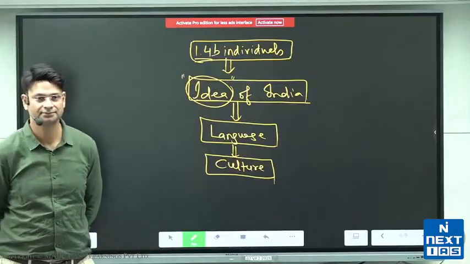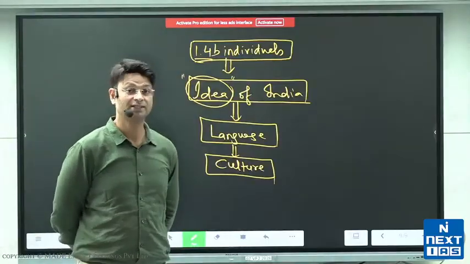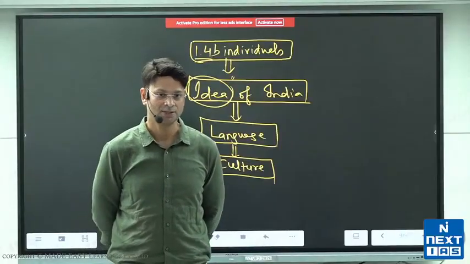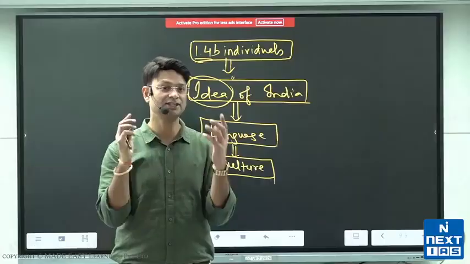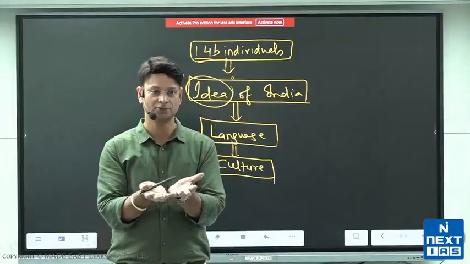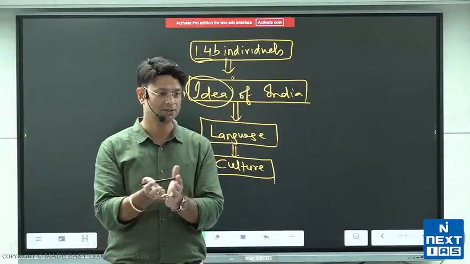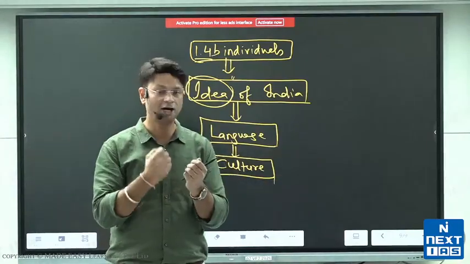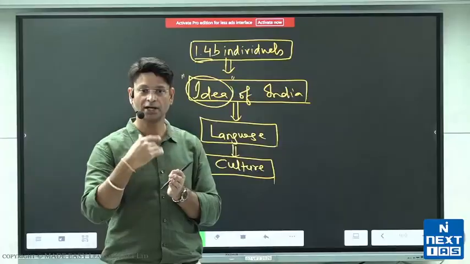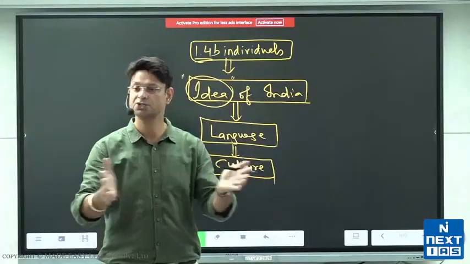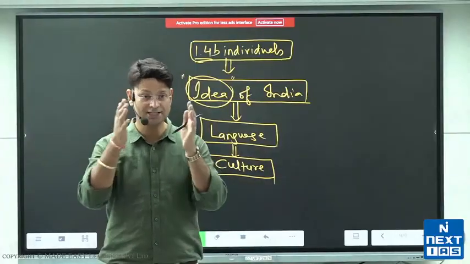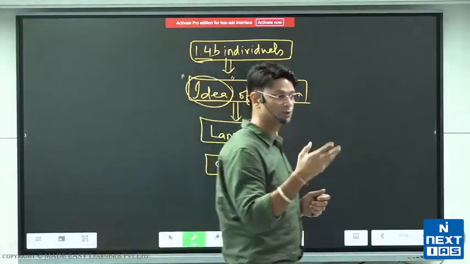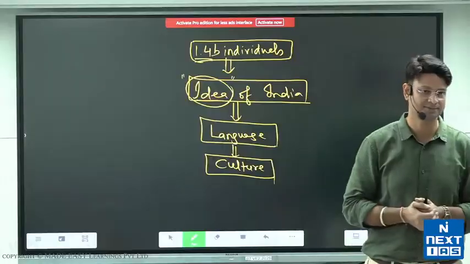Now, in this culture, we say that India has multiple languages. But within that diversity, we say Vasudeva Kutumbakam. We all are one, despite that linguistic diversity, we all Indians are one. How do we communicate this idea? Through language. We do share differences, but in spite of so many differences, we are one. This is the power of language.